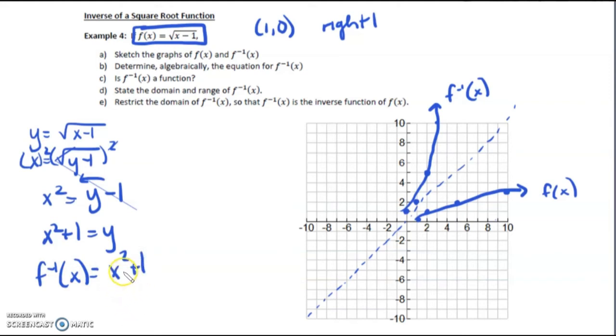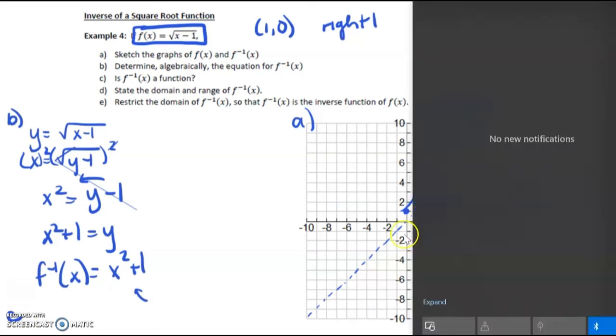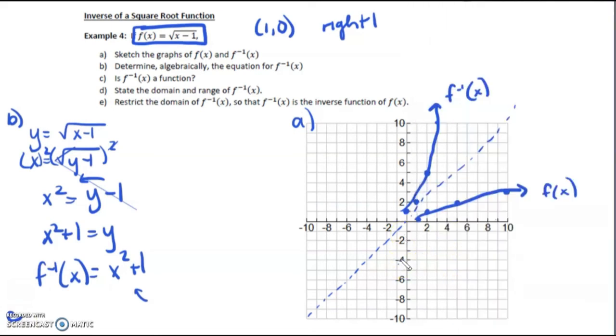Okay, so is f inverse a function? So if we're taking a look at it like this, this is B, this is A, okay, so C. Yes, it is a function because it's just a quadratic, right? x squared, it is a function.